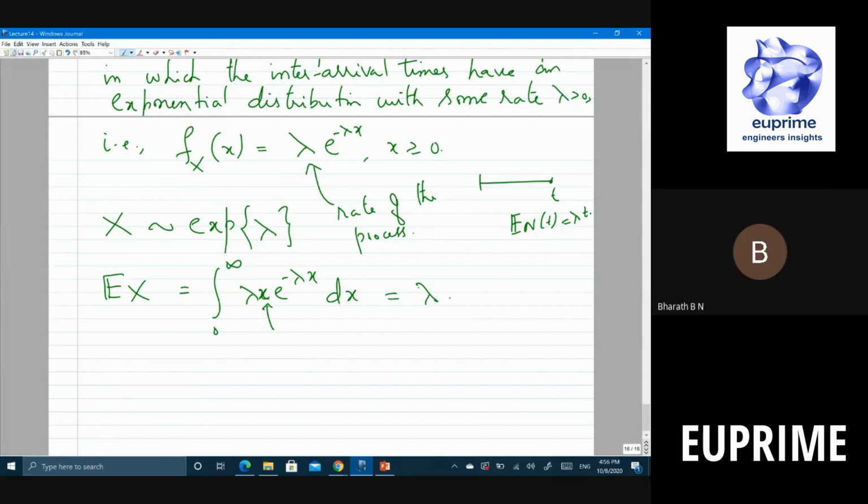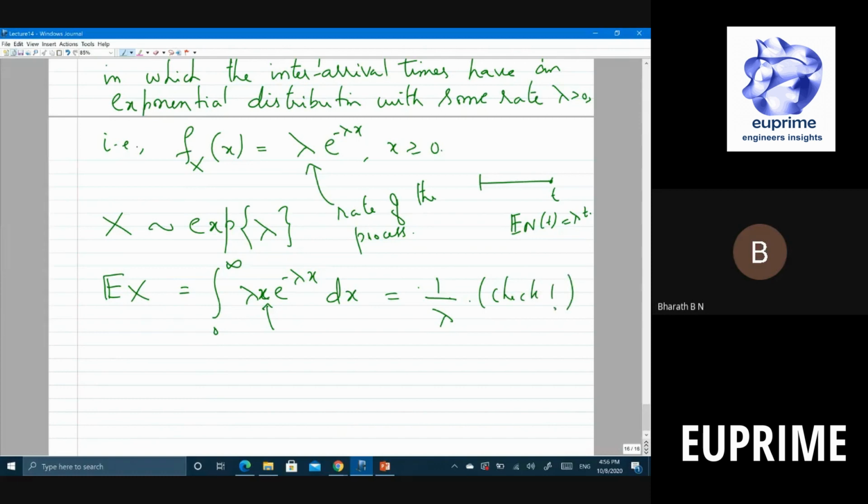Sir, isn't it 1 by lambda? Yes, sir, 1 by lambda. What is 1 by lambda? Expectation of x. Yeah, I think you are right. I think it's 1 by lambda. Yeah, please check this. Okay, I think it is 1 by lambda. Yeah, you are right. Thanks.